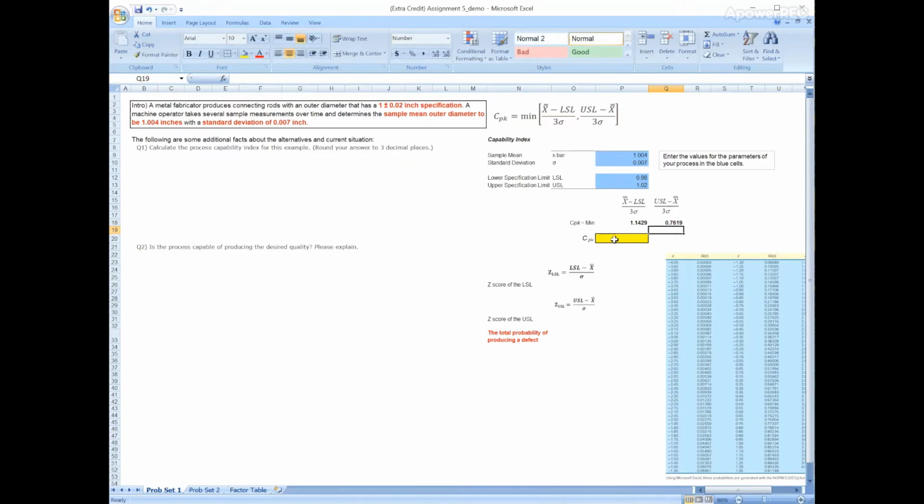So it gives us the numbers 1.1429 and 0.7619.